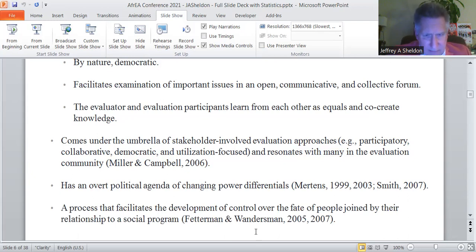So it's a process that facilitates the development of control over the fate of people joined by their relationship to a social program. The social program is whatever the program is that is designed to impact or influence political agency. So these people are joined together.